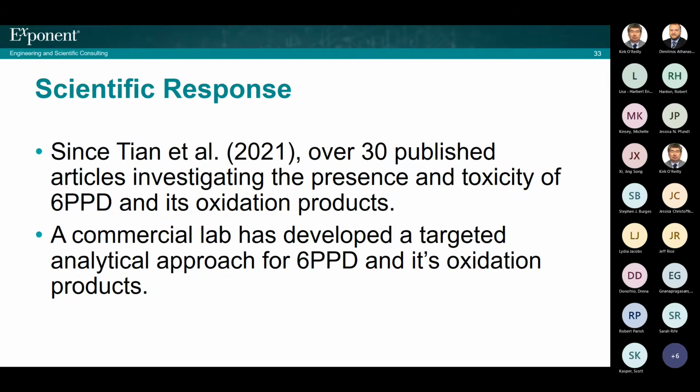And just to show how fast this has caught on, Tian's paper was early last year, and just looking over the last couple of days, I found there's 30-plus articles published in the US, Australia, Europe already looking at this issue. And commercial labs, what they're trying to do is, it's been found with non-targeted analysis, but they've come up with some targeted analysis, which again will make it easier.